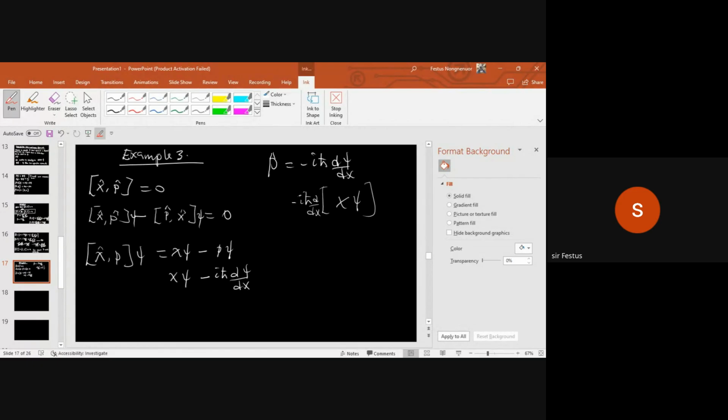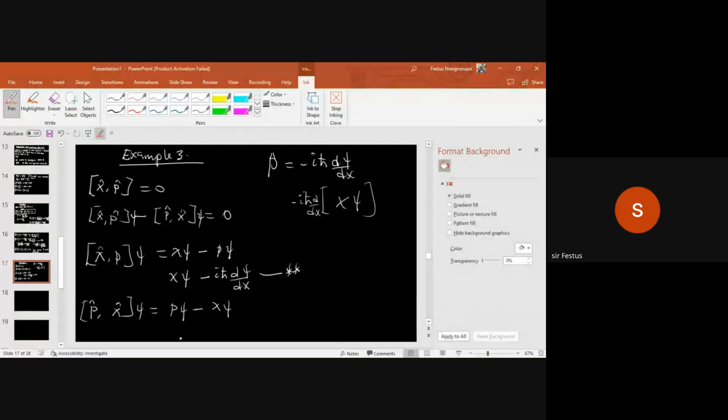All right, so let's leave this one for the meantime. Then let me try with this and let's see. P commuted with the X operator of psi. So this also will be P of psi, and then that will also be X of psi.